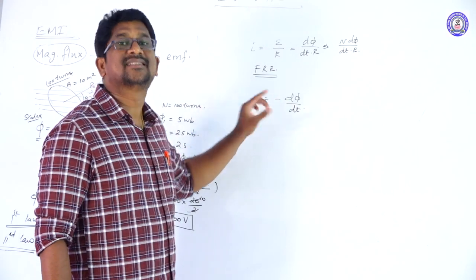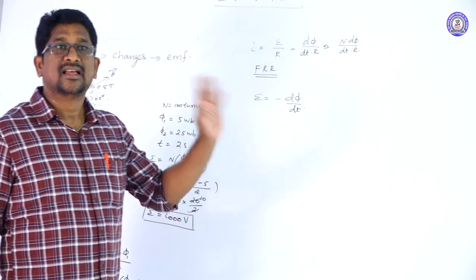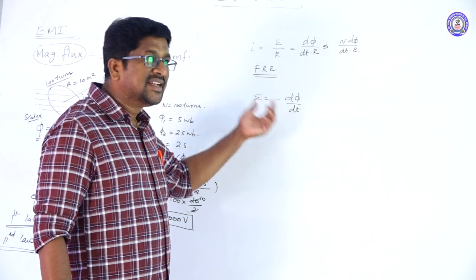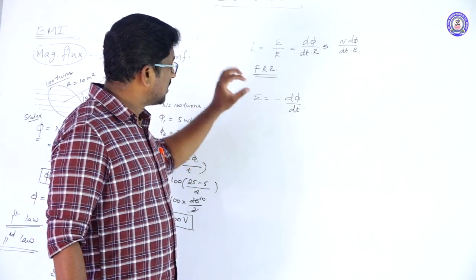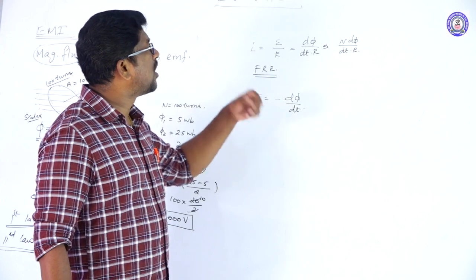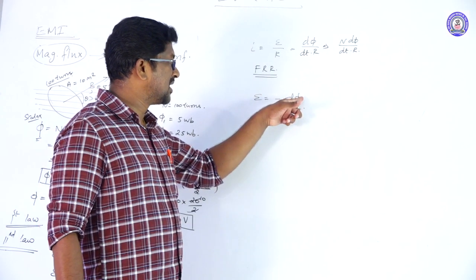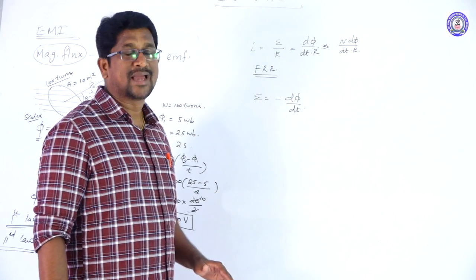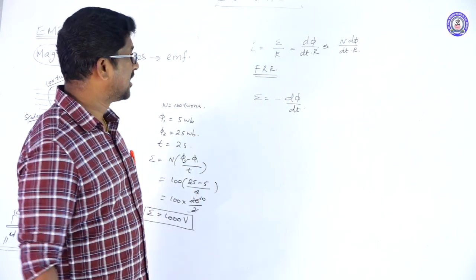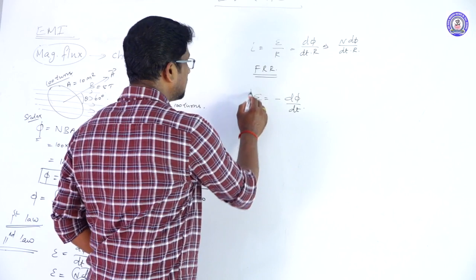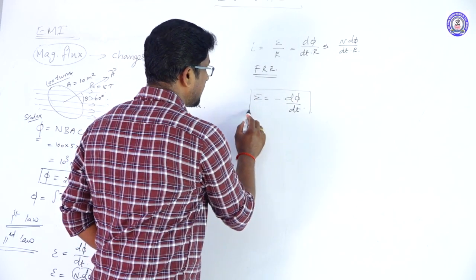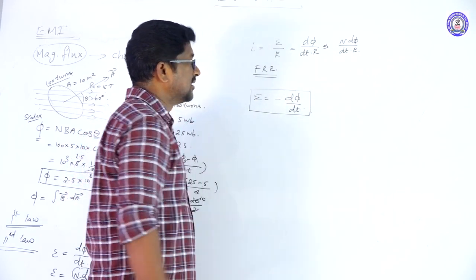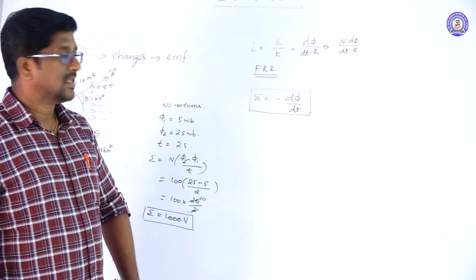The negative sign indicates Lenz's law, that the induced current always opposes the cause. Suppose the cause is flux, it means the induced current opposes the increasing or decreasing magnetic flux. So this is the expression for magnitude of induced EMF in terms of Lenz's law.